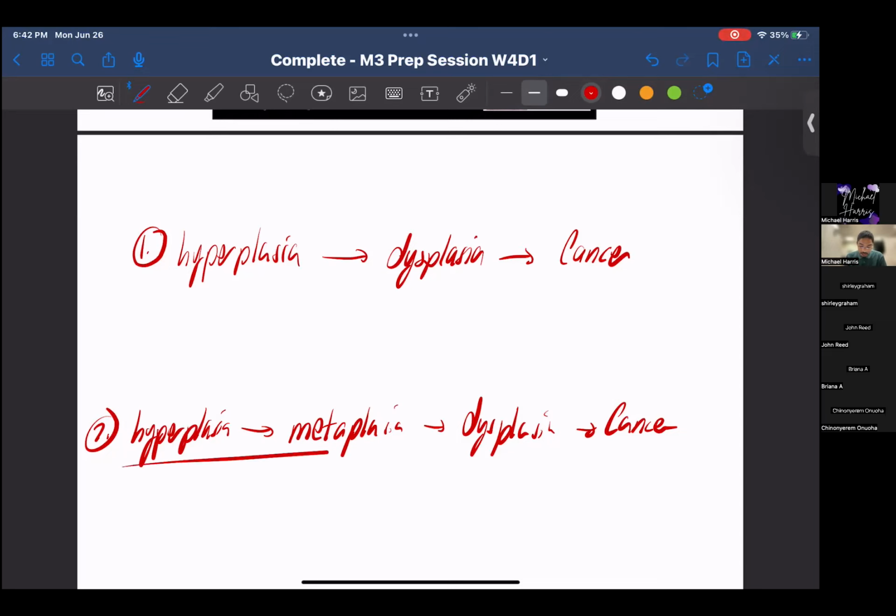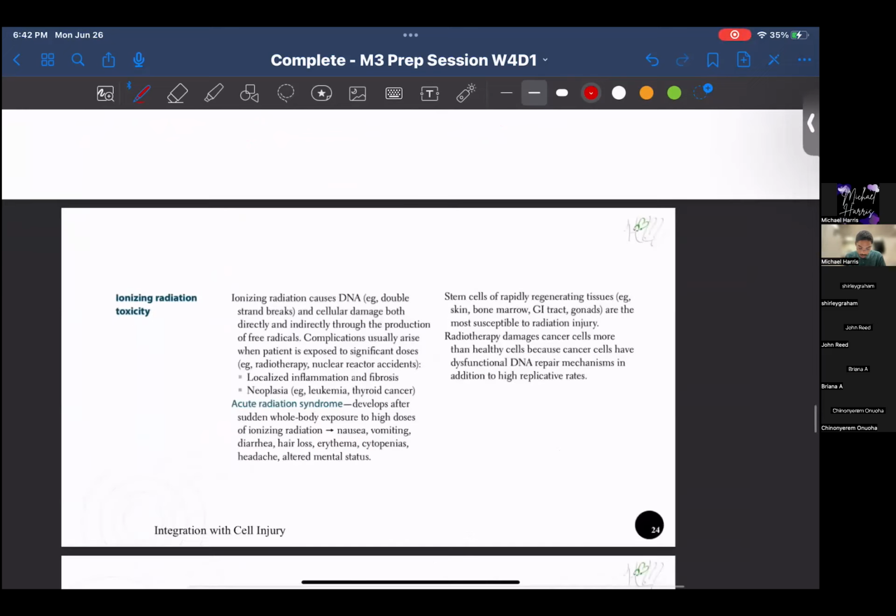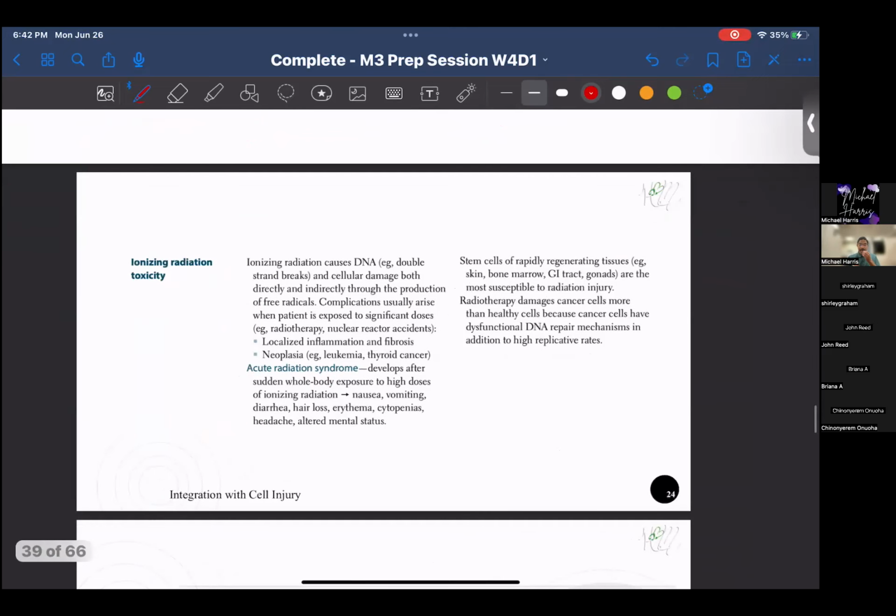This one you have cell change. This one you do not have cell change. Okay? All right, good. Now, with that being said, there are other stressors. For instance, radiation is a stressor.